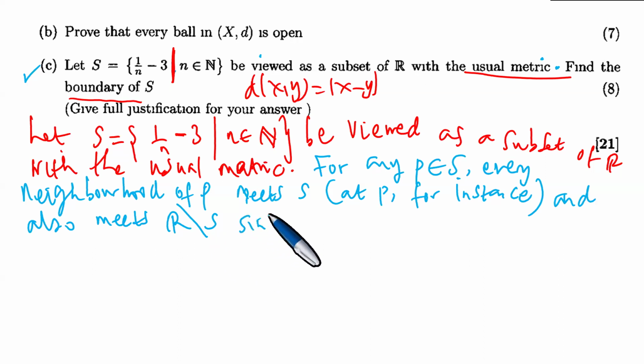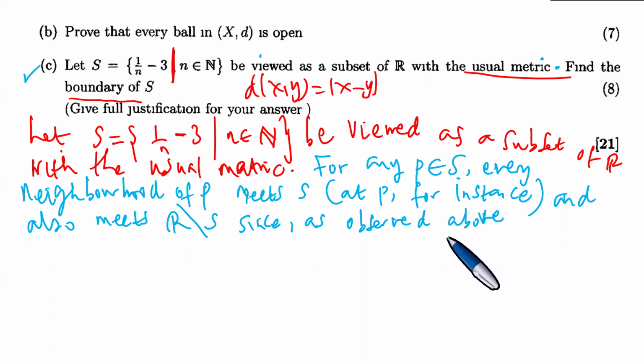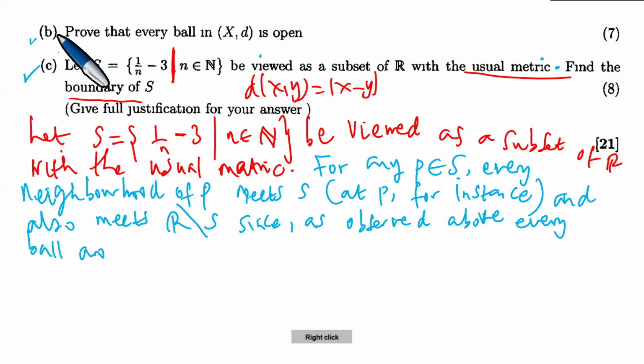Since, as observed above, every ball, we saw that in part B, that's why the part B was necessary.